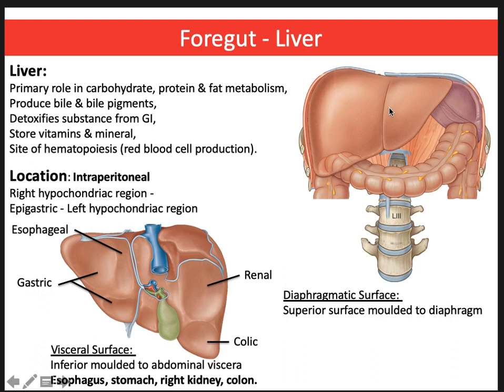The only thing that is almost constant throughout the different livers are their imprints. Since they are closely related to other organs, when you look on the posterior aspect, on the visceral surface, the inferior posterior aspect of the liver, you will see imprints made by other adjacent organs. If you look on the left posterior aspect of your liver, you will see an imprint for the stomach, which is located right here. And then you also have your esophagus that will leave an imprint.